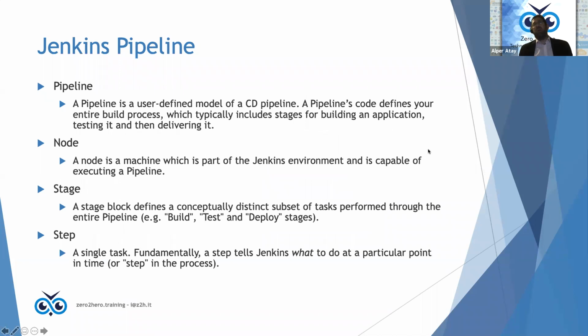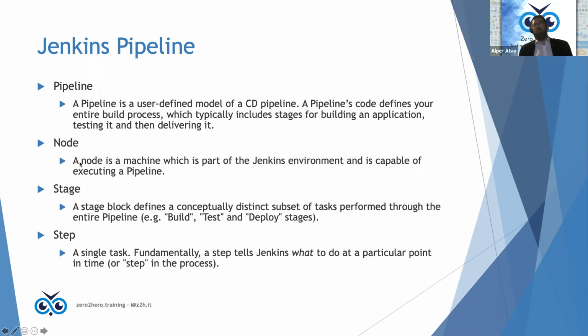And Jenkins Pipeline is the most important thing in Jenkins, because we are running our processes through Jenkins pipelines. So a pipeline is a user-defined model of a CD pipeline, so continuous deployment.